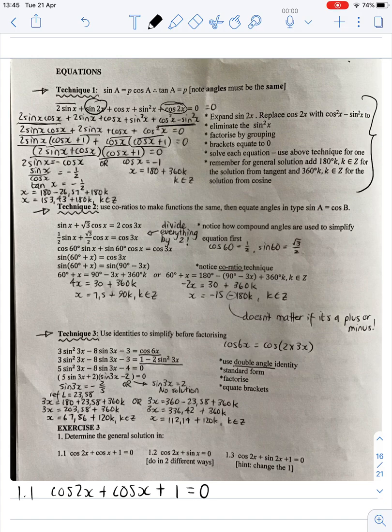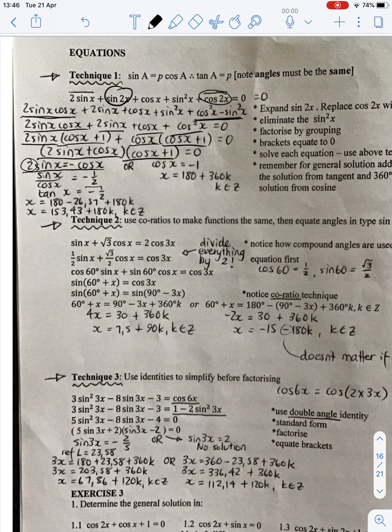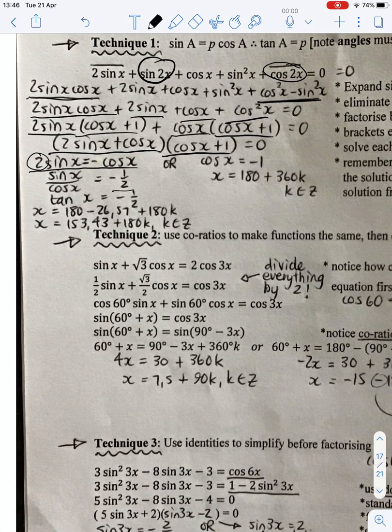Right, now we work with both of those brackets. Firstly, 2 sine x would equal negative cos x. Then if I take this 2 across, I'm going to end up dividing by 2 on the left hand side. And if I divide the cos x back to the left, I'm going to have sine x over cos x, which we know is tan x, equal to negative a half.